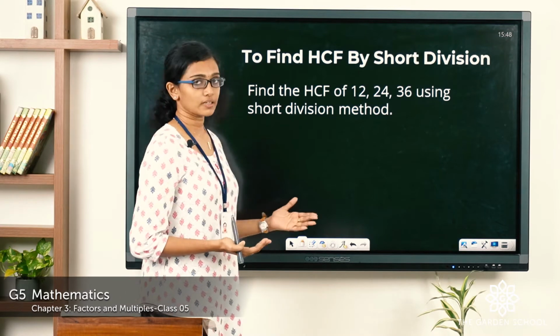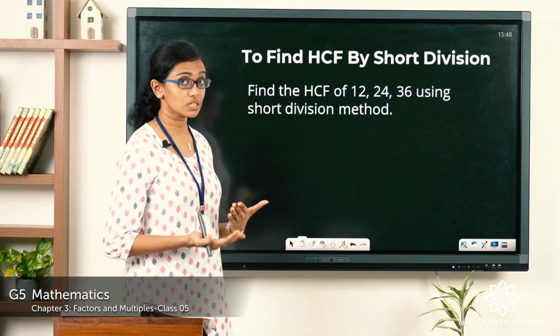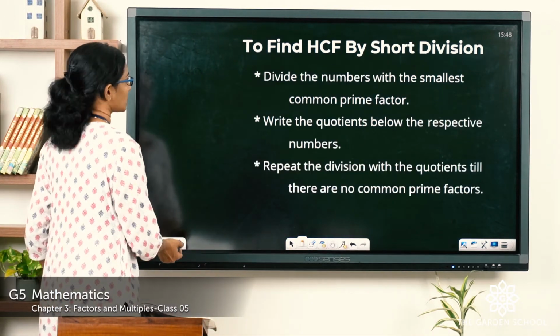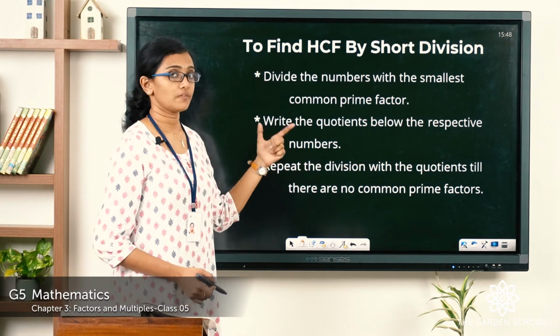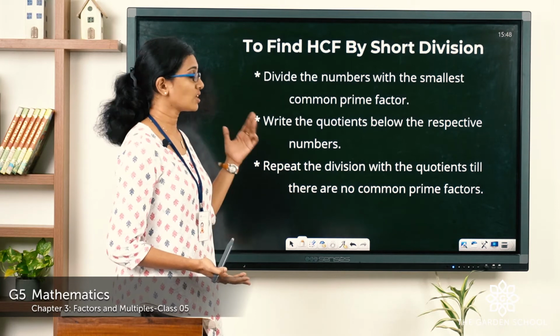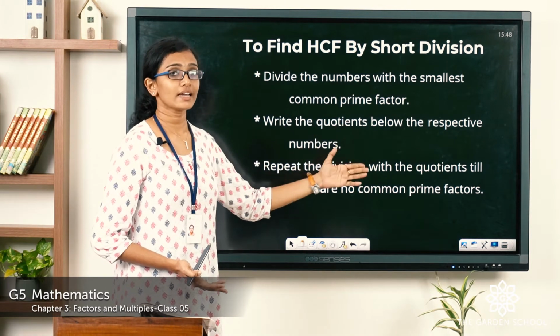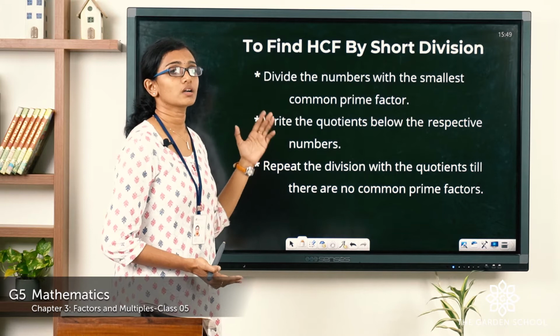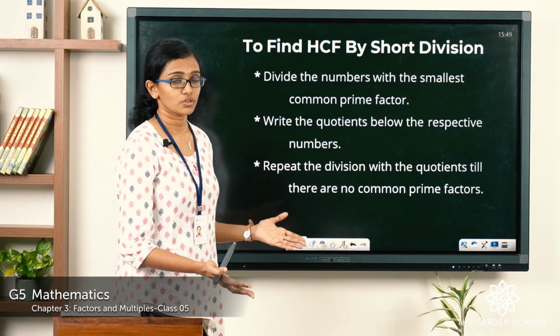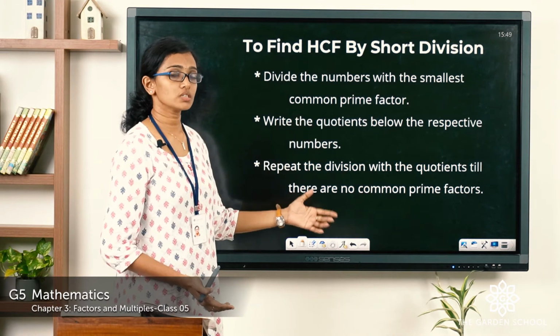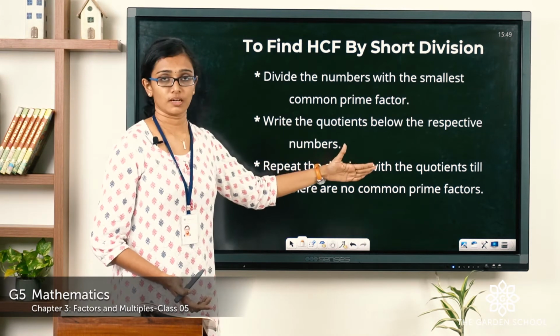So in this method there are a few steps that you need to follow. The first step is to divide all the numbers. If two or more numbers are given, you divide all the numbers together with the smallest common prime factor for all the numbers, and you get some quotients, and you write those quotients right below the respective numbers.